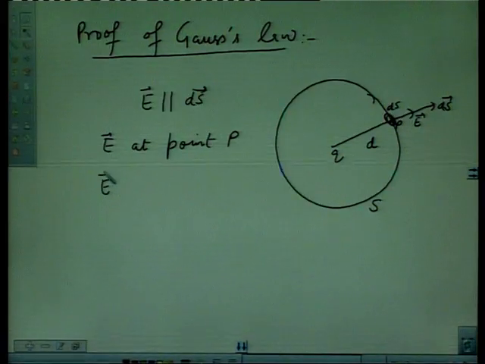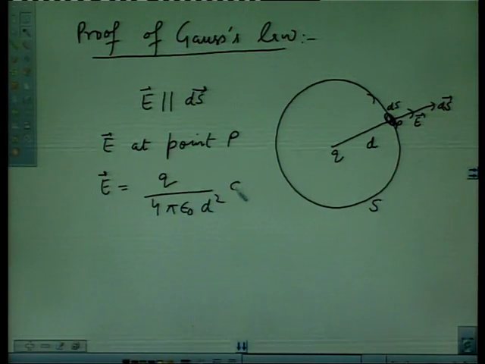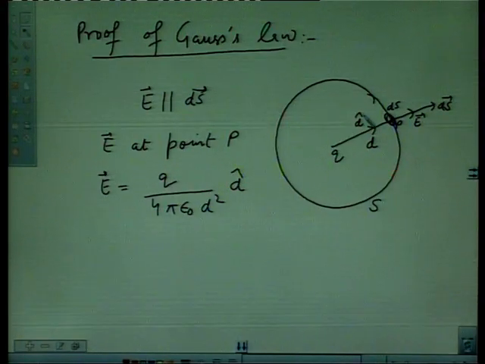The electric field vector is equal to q upon 4 pi epsilon naught d square into d cap. D cap is a unit vector in the direction of d. So, this is the expression of E vector.